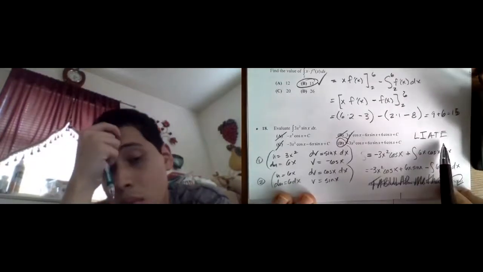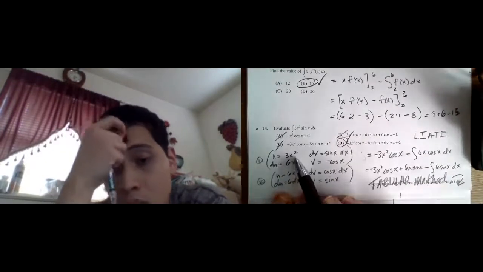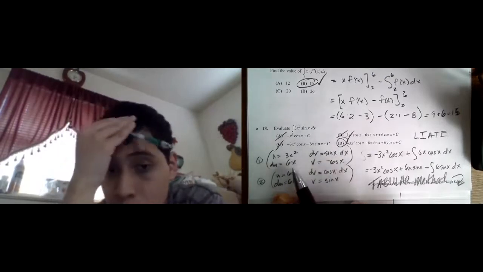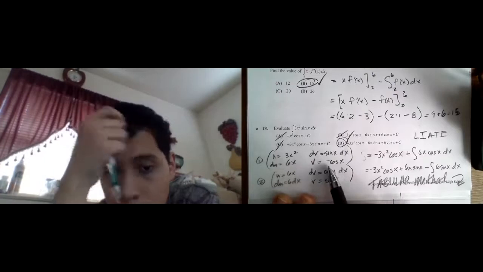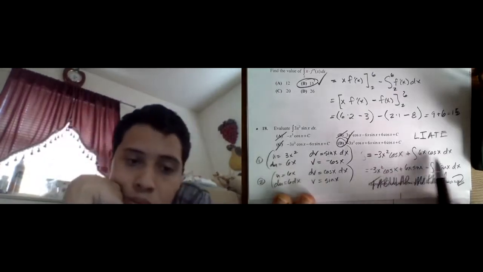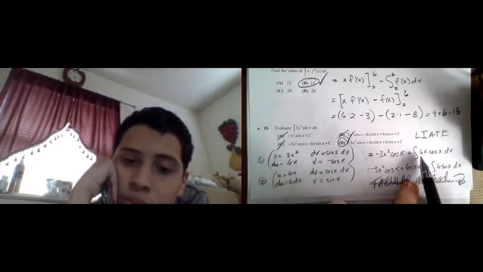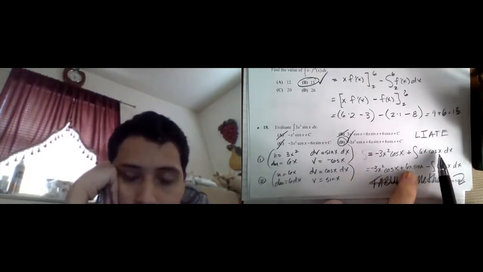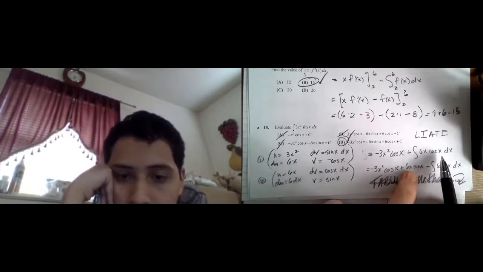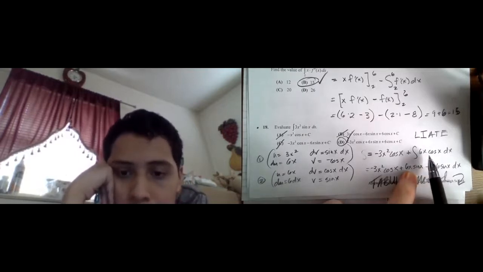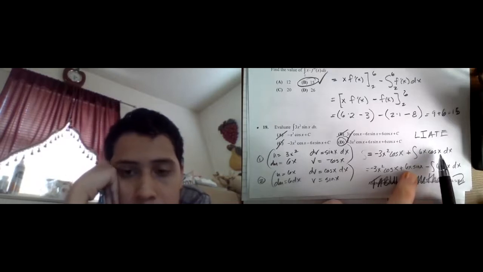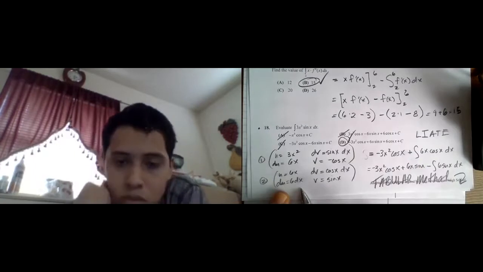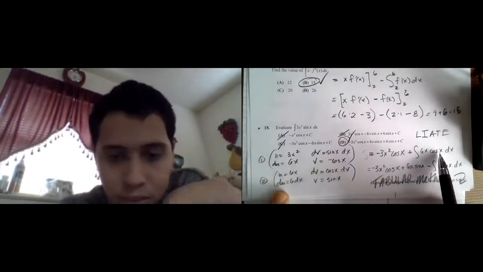We still use LIATE to choose u equals 3x squared, the algebraic function. So that means dv has got to be sine x dx. We differentiate to get du, and we anti-differentiate to get v. When we use the formula, we end up with an integral here, 6x times cosine x. This is still not anti-differentiable using u substitution or any other method. In fact, it's also a product function, so we do integration by parts again on the integral of 6x cosine x.